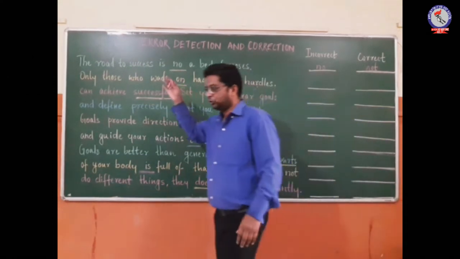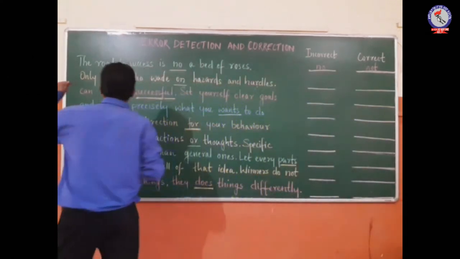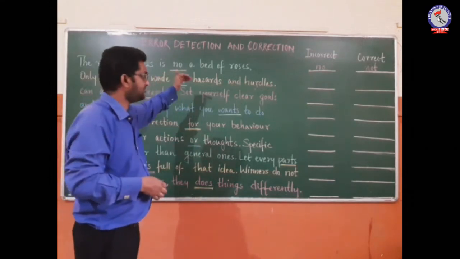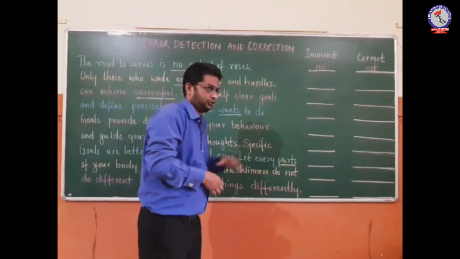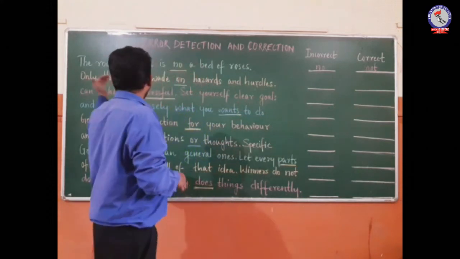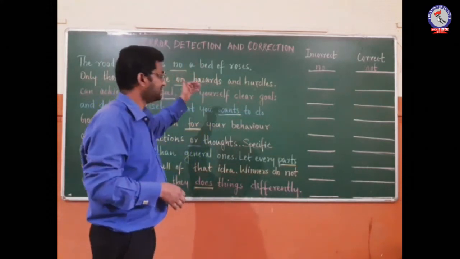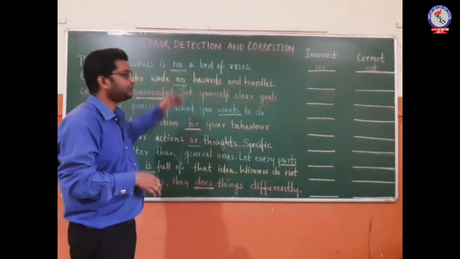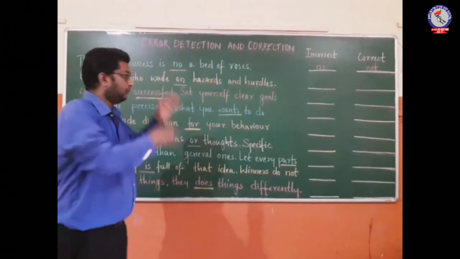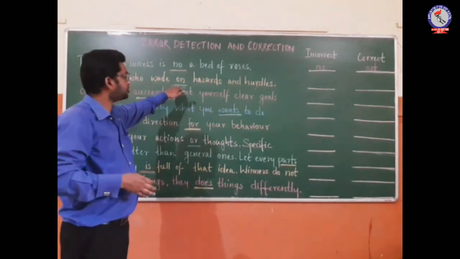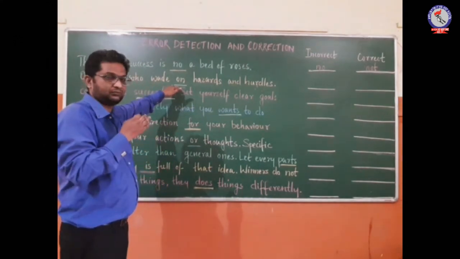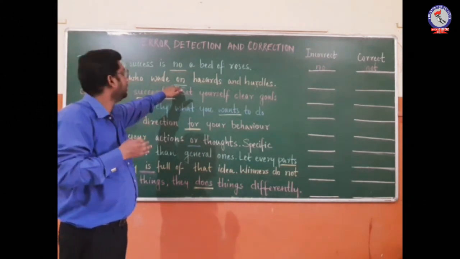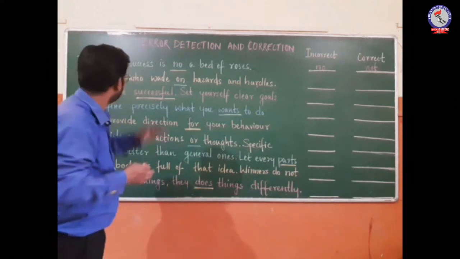Now read out the second line. Only those who wait on horses and hurdles. See here, only those who wait on horses and hurdles. So the preposition "on" is used. You see here, "on" is not a correct preposition to be used here.